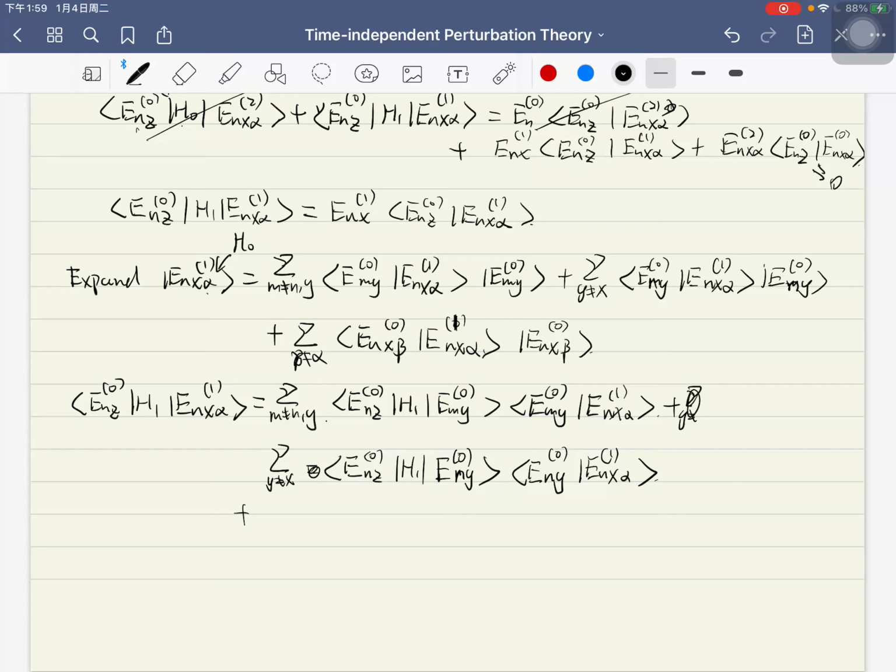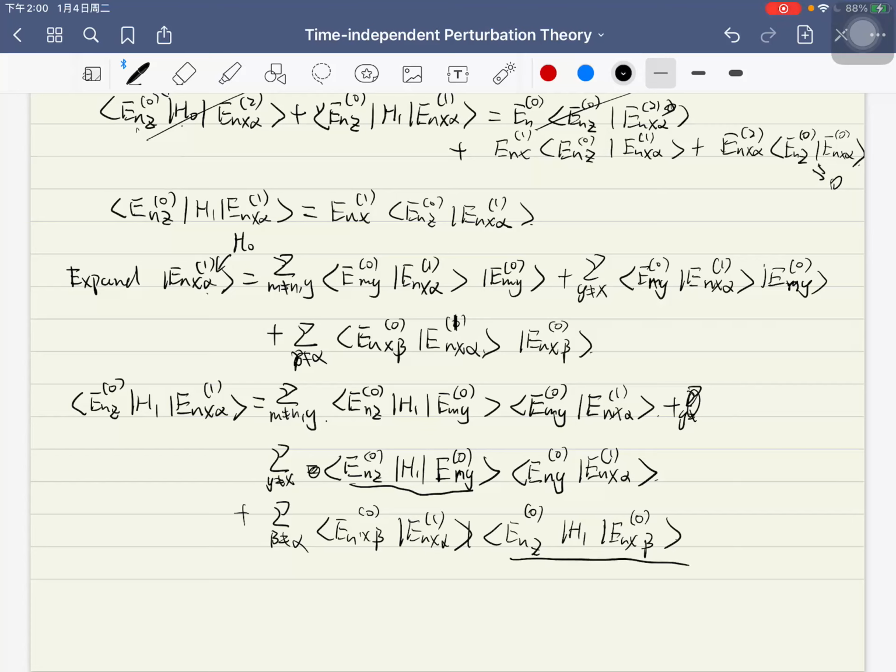Plus the last term. Now we observe these three terms. First of all, these two terms will vanish.